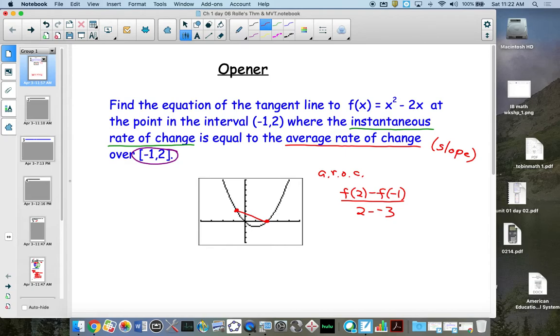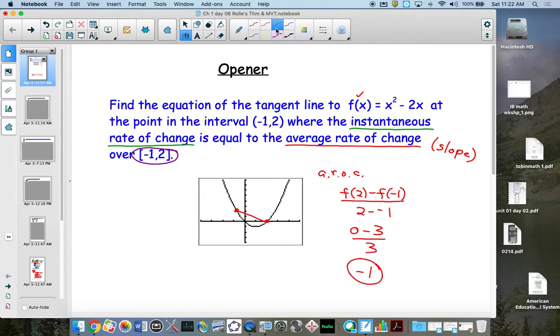And let's see, f of 2 is 0. I'm just plugging it into the function here. And f of -1 would be 1 plus 2, which is 3. 2 minus -1, that's the difference of my x values from -1 to 2. And then we get 3 on the bottom, so that gives us -1. That's our average rate of change.